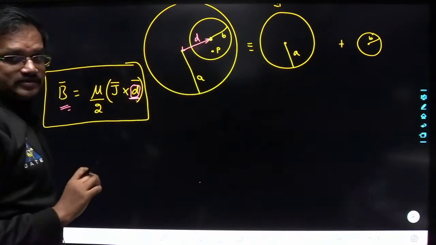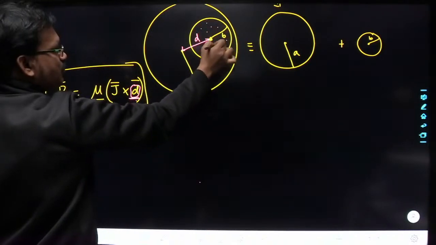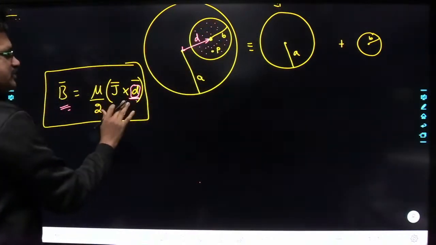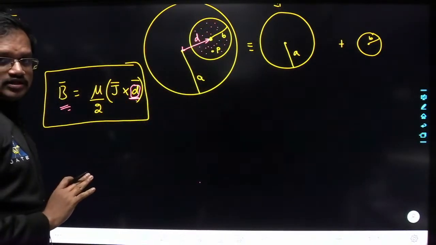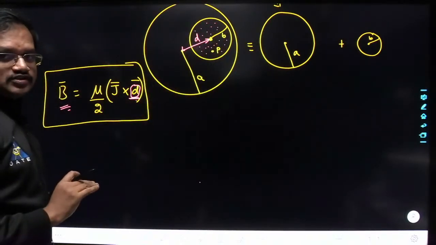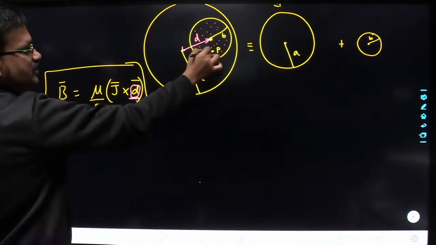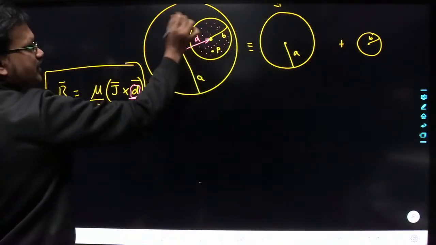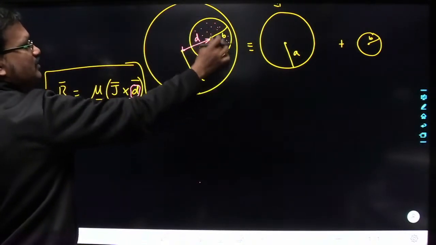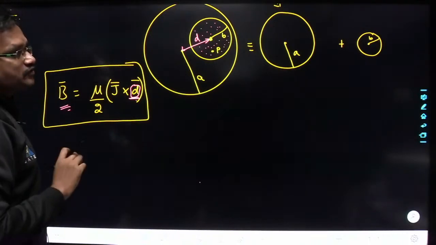It doesn't depend upon radius A, and it doesn't depend upon radius B. Whatever point you take inside the cavity, you are going to get the same expression. So the magnetic field inside the cavity is uniform. At each and every point inside the cavity, you get the same value of magnetic field. That's what we have concluded.